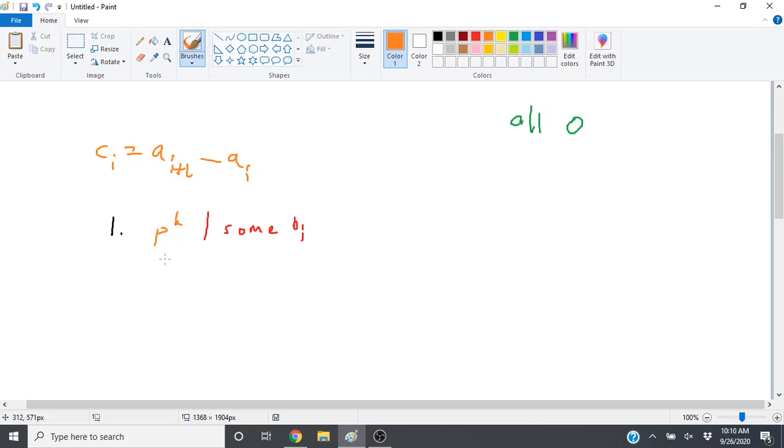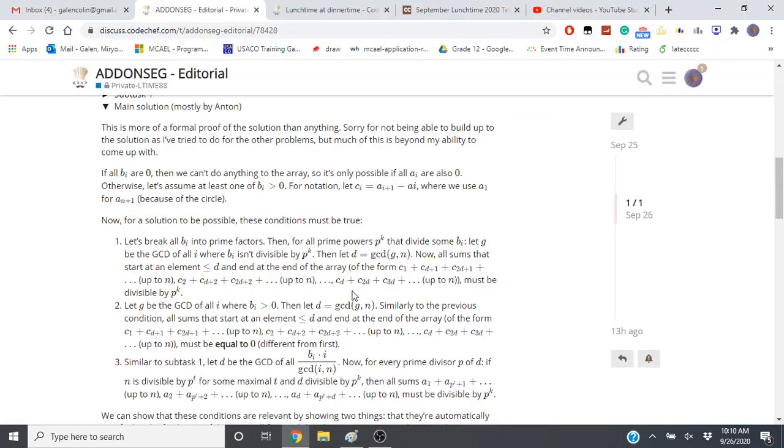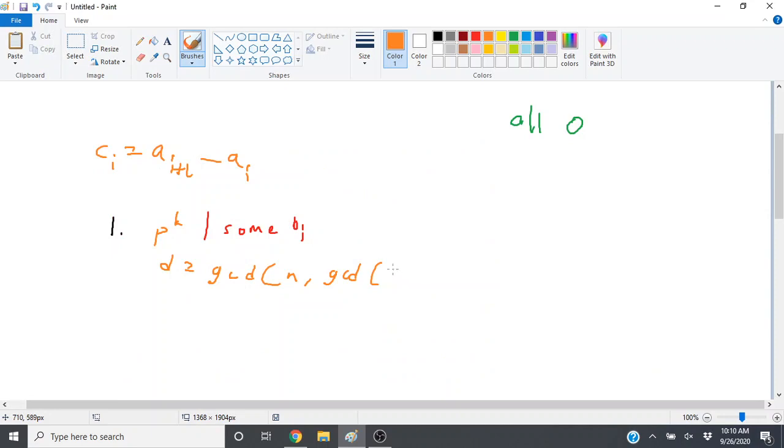Let d be the GCD of n and the GCD of all the i where b_i is not divisible by p^k. That is, p^k does not divide b_i. And this bar notation, like a crossed out bar, means that it's not divisible.